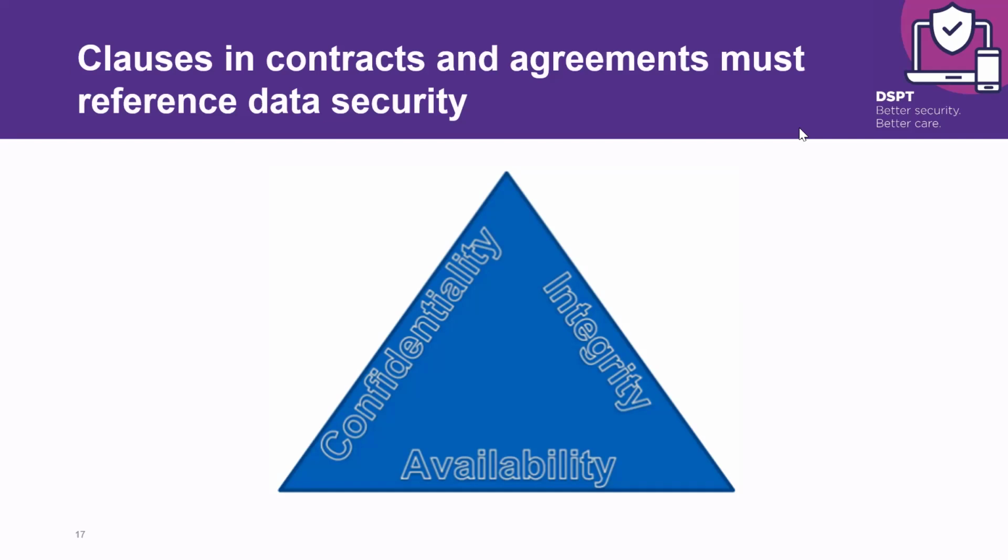So it's making sure that all three sides of that triangle are in the awareness of the people that are signing those contracts, that they know about confidentiality, they know that the data that we record and the data we process should be accurate and up to date, and that they know what they're allowed to access and what they're not allowed to access within that data agreement, etc.